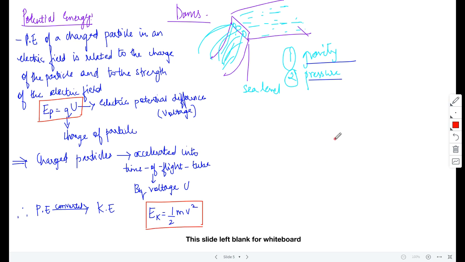But according to the law of conservation of energy, potential energy is equal to kinetic energy. It has just been converted, right? The whole water is the same. It is the same water which is stored here, and it is the same water which is flowing down. So basically both are the same. Even the energy is the same.